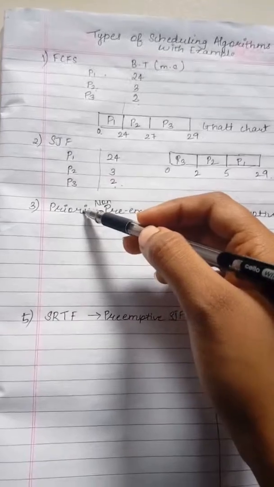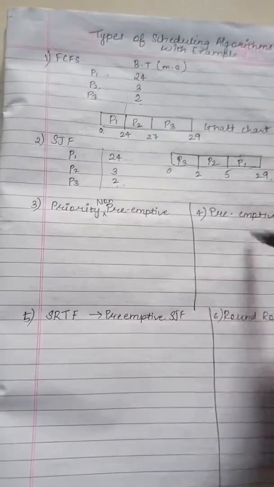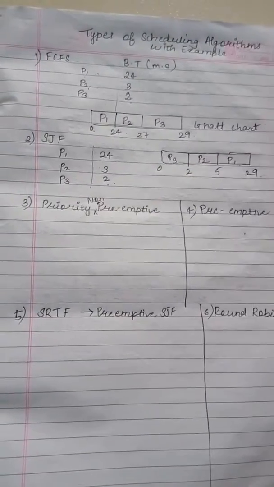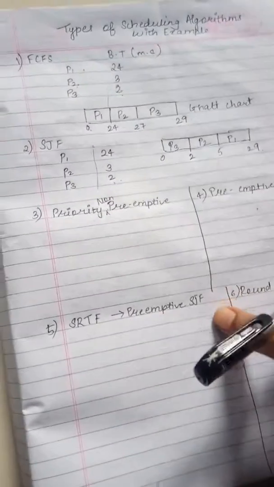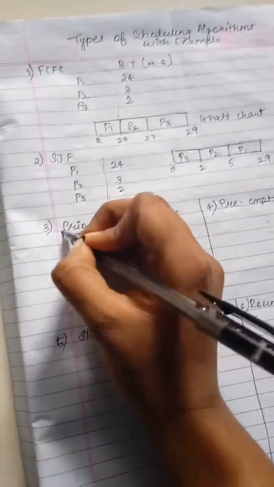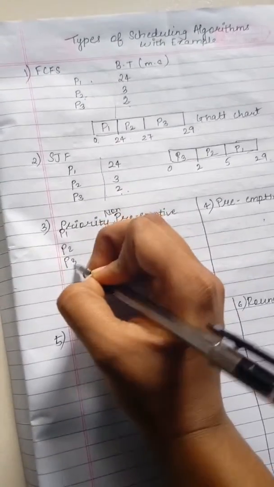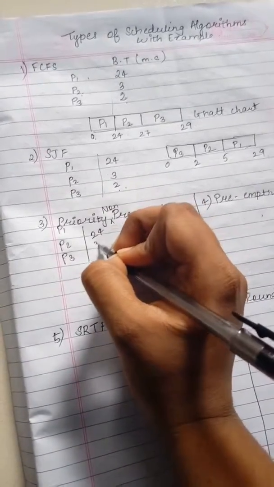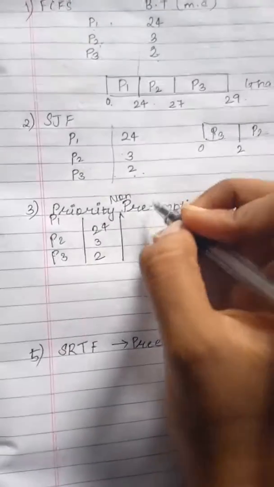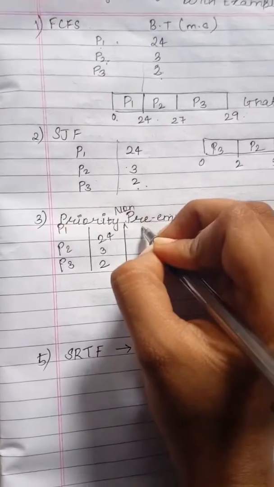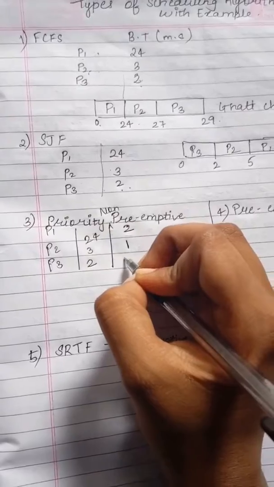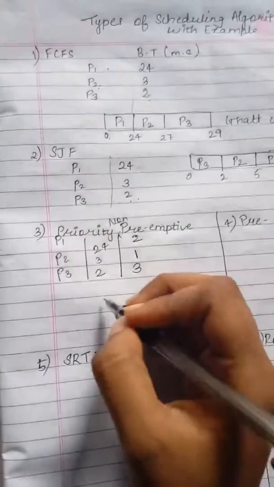Now we will see priority, which is of two types: priority scheduling algorithm for non-preemptive and for preemptive. We'll consider the same example but with the priorities assigned. Suppose P1, P2, P3 with burst times 24, 3, 2. P1 is having priority, suppose 2, P2 is having 1, and P3 is having 3.